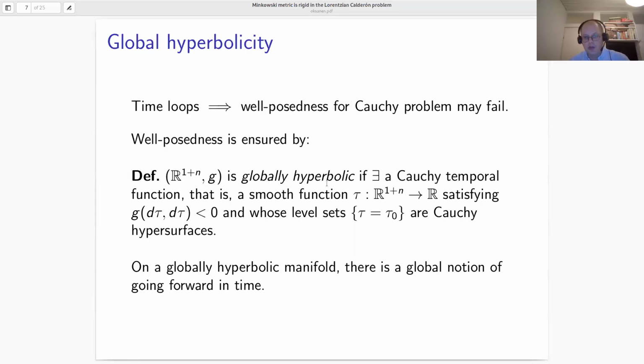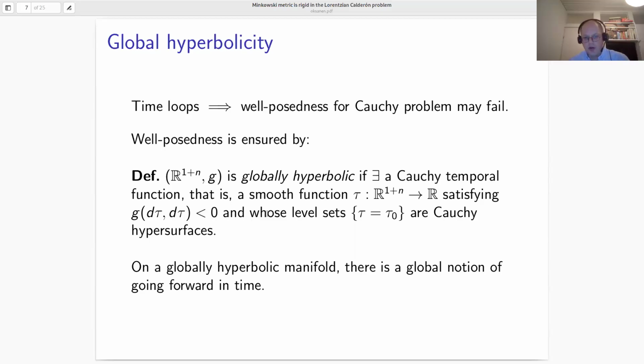And so what does it say? This manifold is globally hyperbolic if there is a so-called Cauchy temporal function. There is a smooth function from the space to the real numbers such that its differential, the derivative in space and time, is time-like with respect to this Lorentzian metric, meaning that when you plug in this vector given by the exterior derivative, you get something strictly negative.